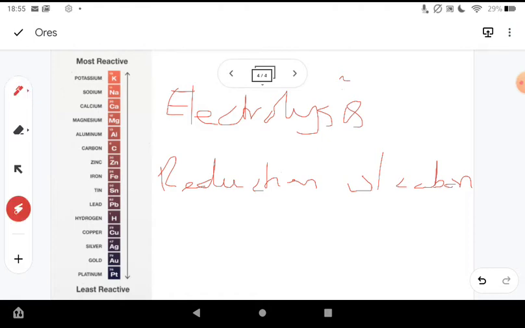If we have a think about it, as you go up the reactivity series, it becomes more difficult to extract the metal, which means those metals tend to have only been extracted more recently. Look at copper: the Bronze Age came before the Iron Age, which came before the Space Age.